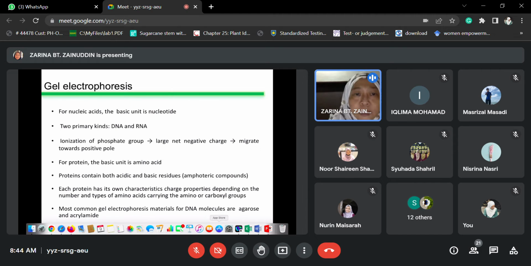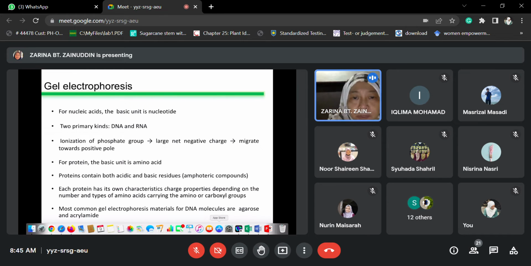Okay, this is just repetition. Nucleic acid, we know that the basic unit is the nucleotide. There are two types of nucleic acid, DNA and RNA. Because of the presence of the phosphate group in the nucleic acid, it has a large negative charge. So nucleic acid, DNA and RNA, is negatively charged, so it will migrate towards the positive pole.